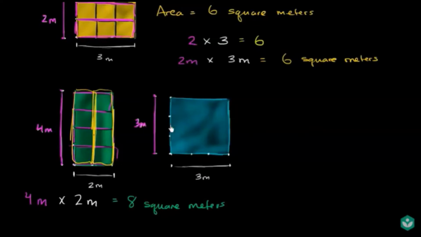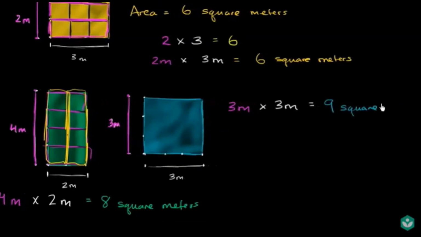Now, you could probably figure out what the area of this rectangle is. Actually, it's a square because it has the same length and the same width. We multiply the length, 3 meters, times the width, 3 meters, to get 3 times 3 is 9. 9 square meters.